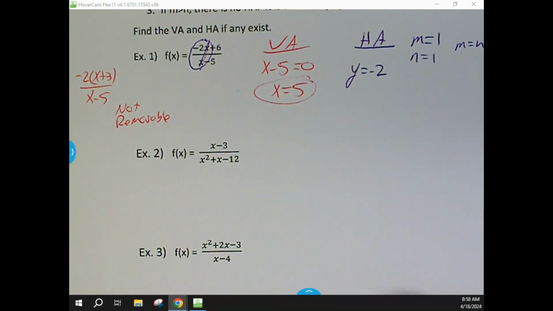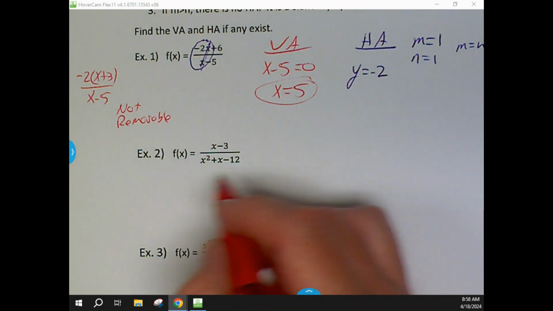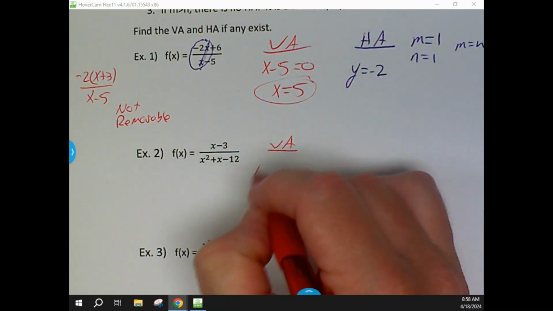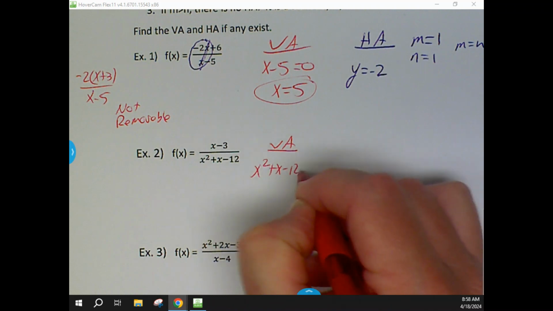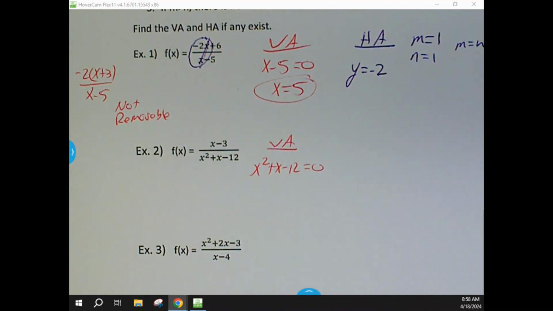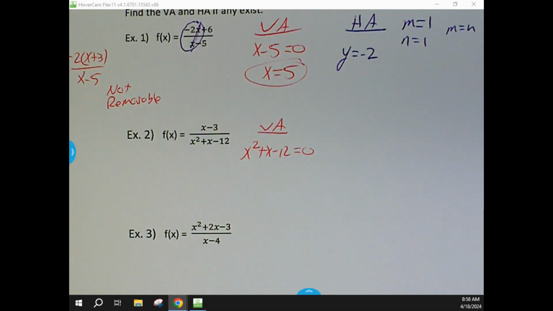Okay, so number 2, pretty much the same thing. We're going to take the denominator and set it equal to 0. This kind of happened on the last test we had. I think on the last problem, we snuck in a factoring problem on you after you plug some stuff in and work some stuff out. So same thing here.